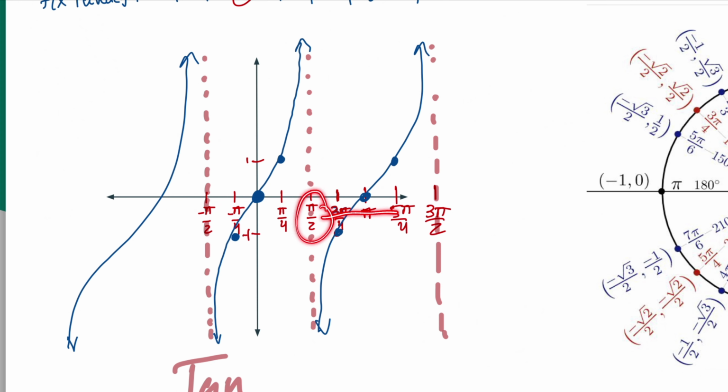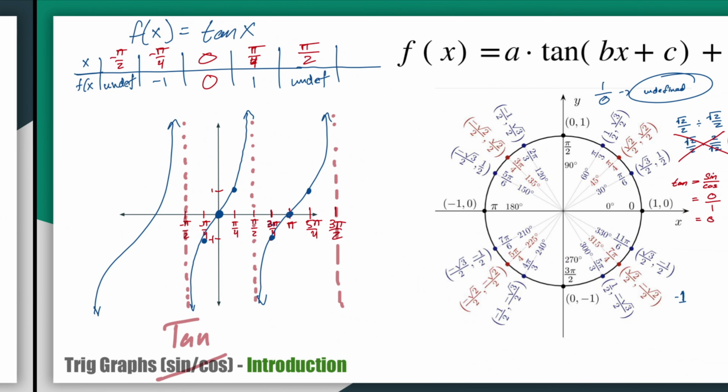From pi over 2 to 3 pi over 2, that is a distance of 1 pi. So our period is no longer defaulted at 2 pi. Our period now is defaulted at 1 pi. So your new period formula is going to be pi divided by b, not 2 pi divided by b. But everything else is going to do the same thing, okay?